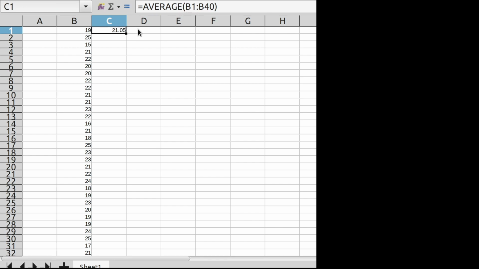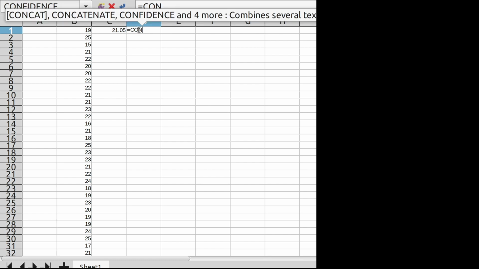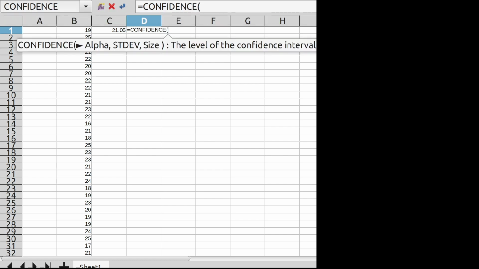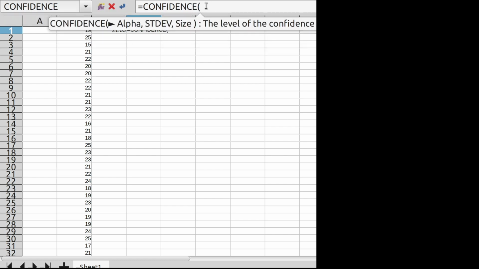I've got my mean. Well, now I want a confidence of 95. Excel needs me to do the subtraction of 1 minus 0.95. And we'll talk about that more.